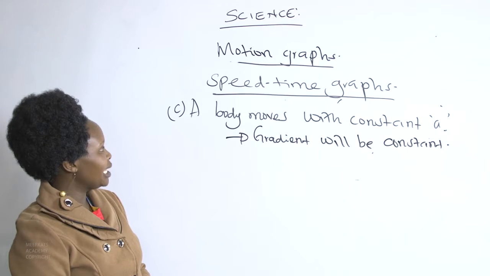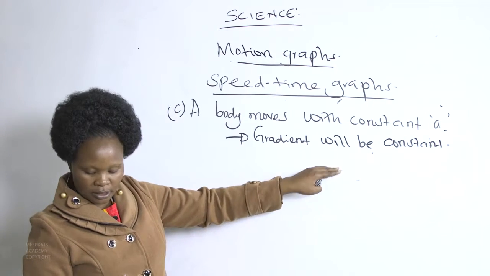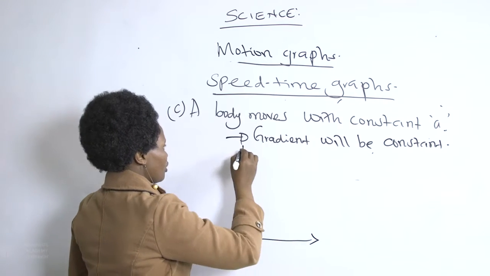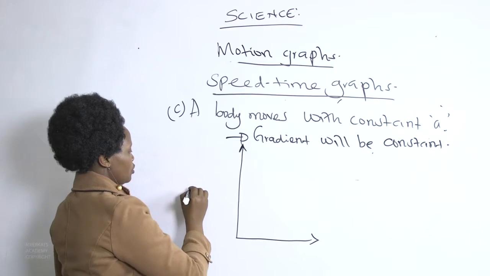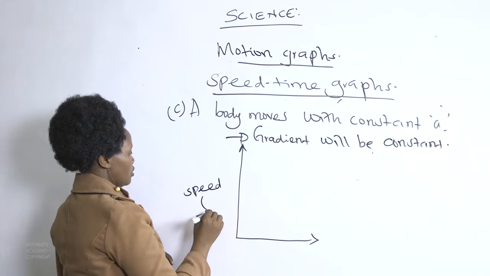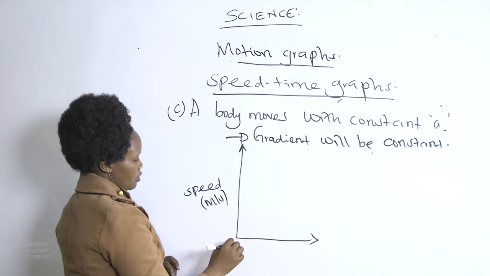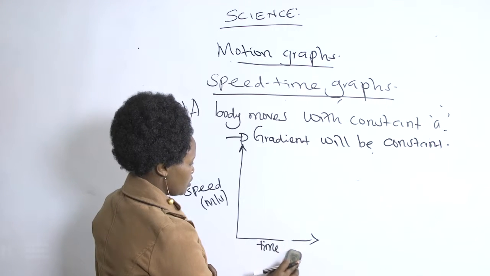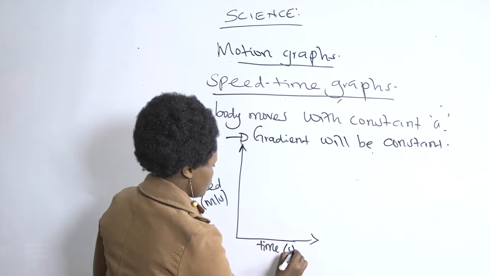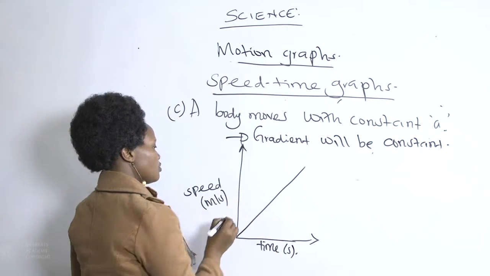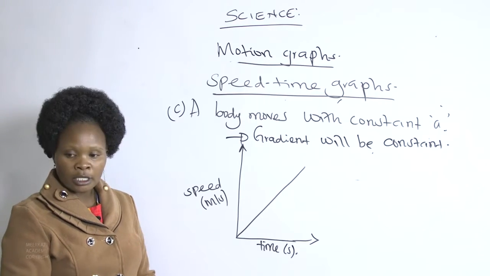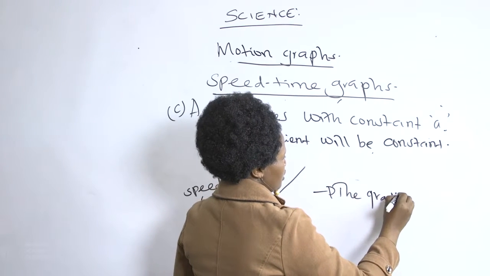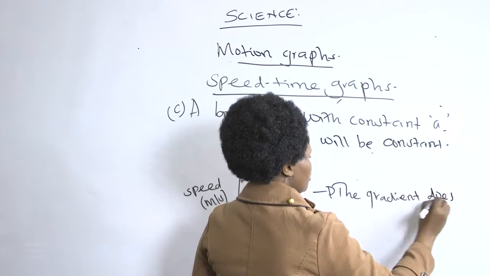It is actually increasing at a constant rate, and therefore the motion is going to be plotted as a straight line through the origin, so that the gradient does not change.